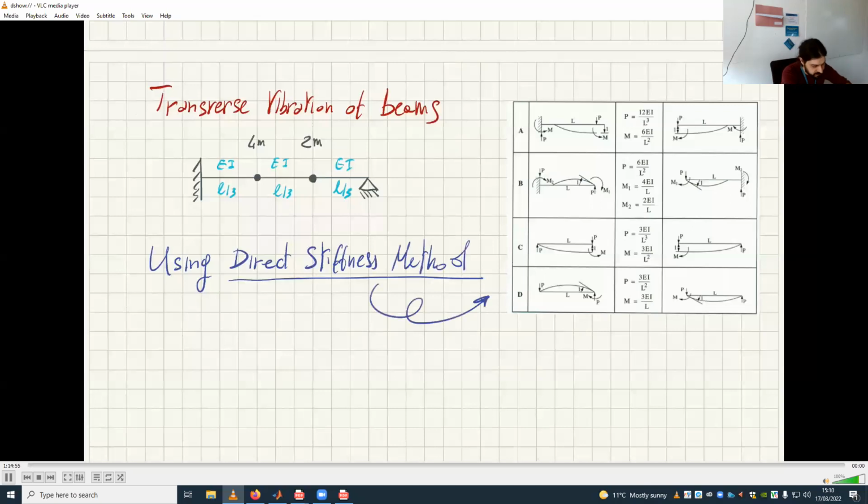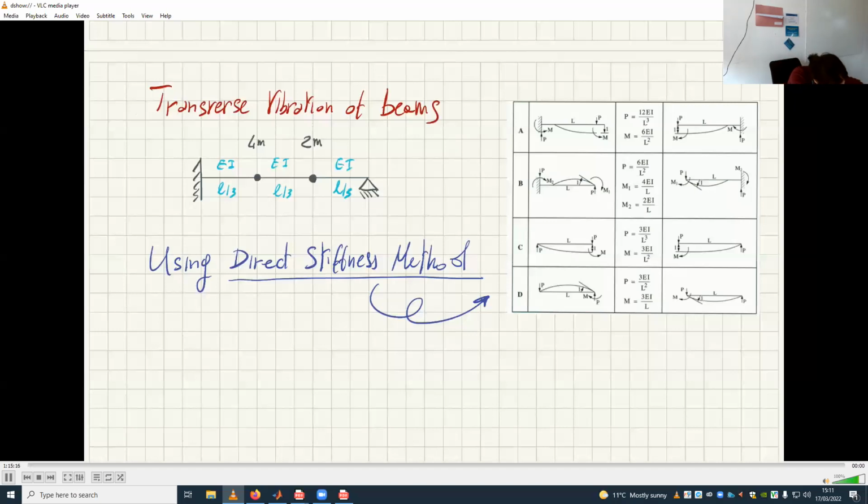First of all, we need to label the degrees of freedom. How many degrees of freedom do these masses have? The deformation associated with a beam that is bending is 2 deformations per point: we have the deflection and the slope.